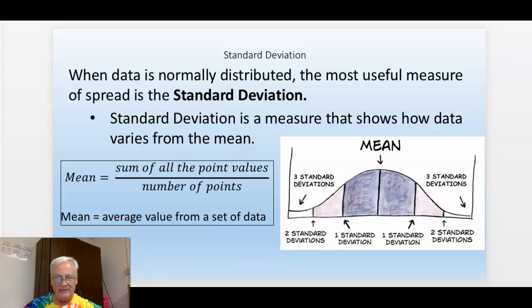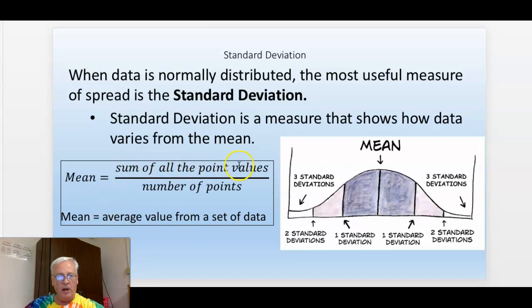Again, when data is normally distributed, the most useful measure of spread is the standard deviation. Again, it shows how data varies from the mean. And remember what the mean is. It's the average value from the set of data.